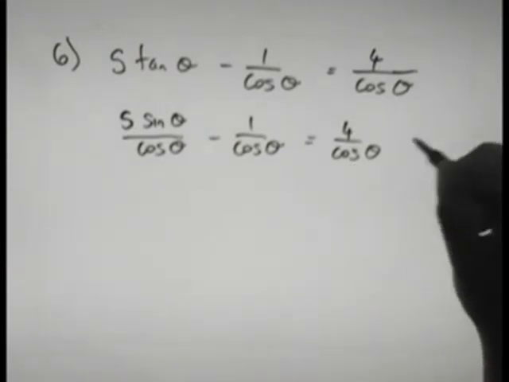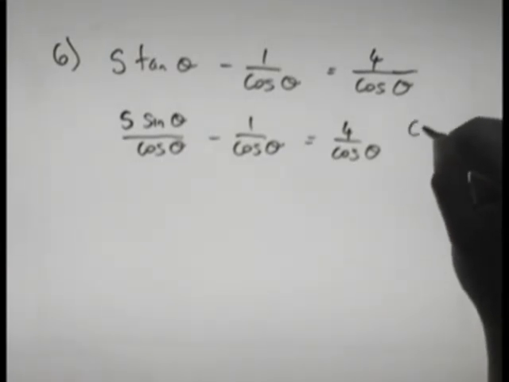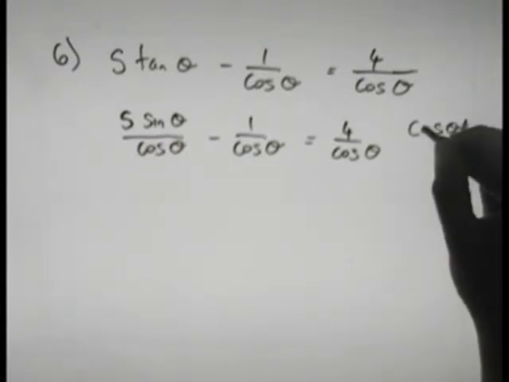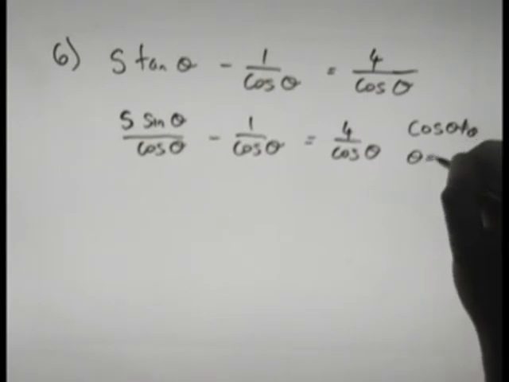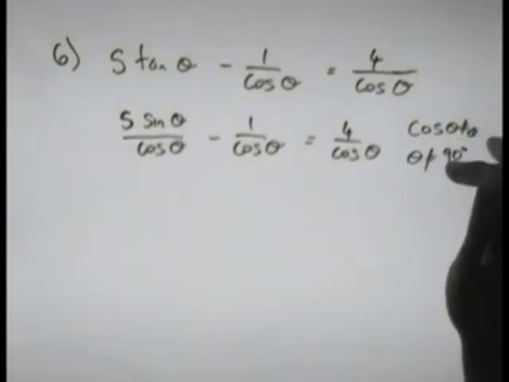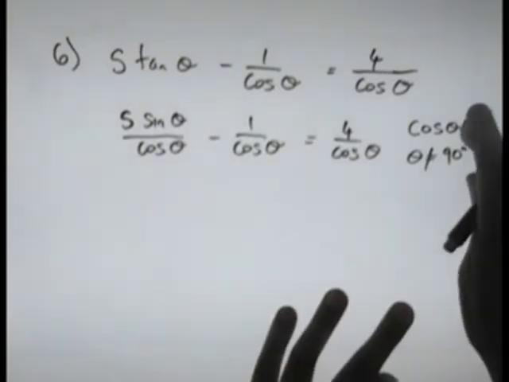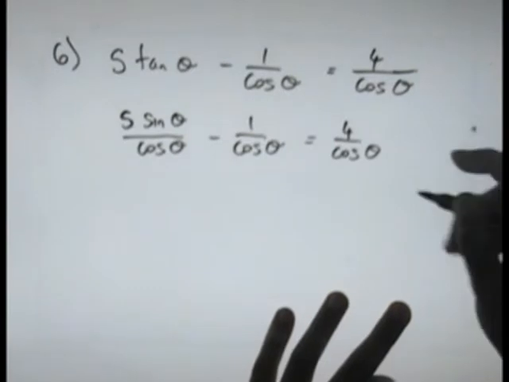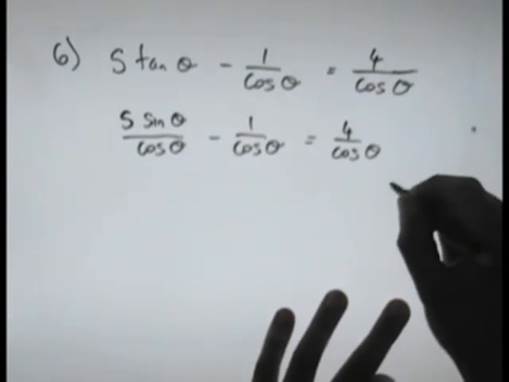For this example, firstly I know that my denominator cos theta cannot equal 0. That means that theta cannot equal 90 degrees. But not only 90 degrees, there are other points that make this equal to 0. And I'm just going to write this in. This is my restrictions.